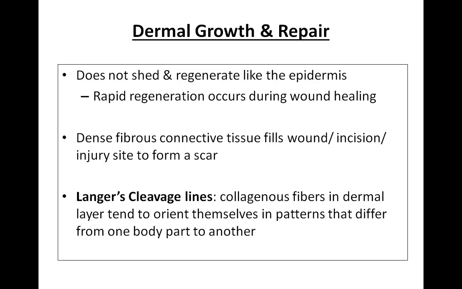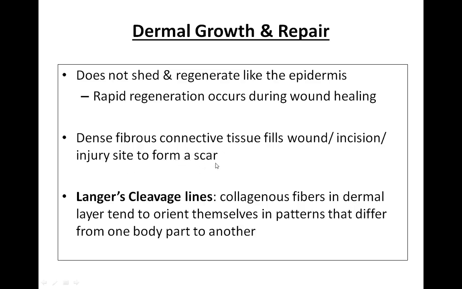If there is a cut injury, then only the regeneration is more prominent and faster. So how does regeneration occur? By the production of dense fibrous connective tissue, which will ultimately fill the wound or incision. Incision means when we give an incision for some surgical procedure. Then the injury site becomes filled up by a scar.